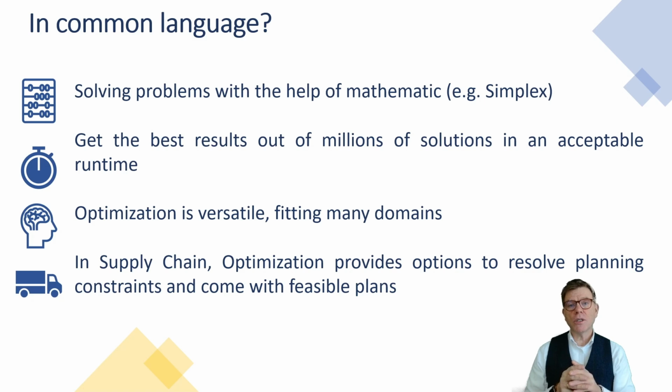Also, the optimization can fit many contexts, so it's not only supply chain. In our case, we will focus on supply chain, but it could be anything else. And last in this list, the optimizer provides capabilities to calculate a finite plan, whereas the MRP logic, for instance, only provides an infinite plan, which you need to manually resolve. Here, the optimization capabilities provide you a feasible plan as well, and optimized.